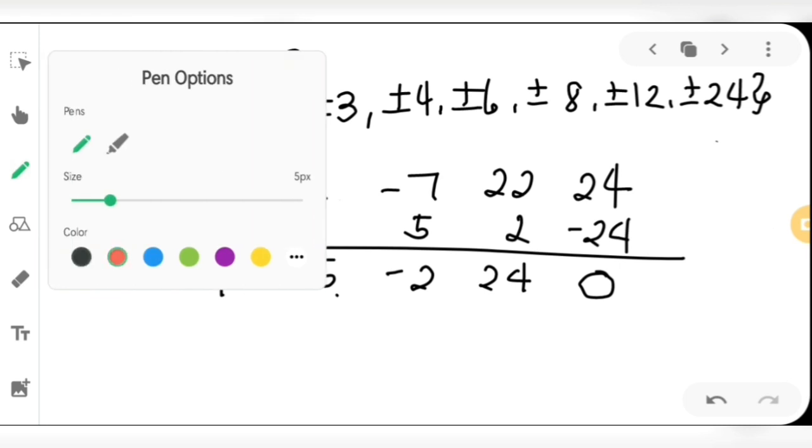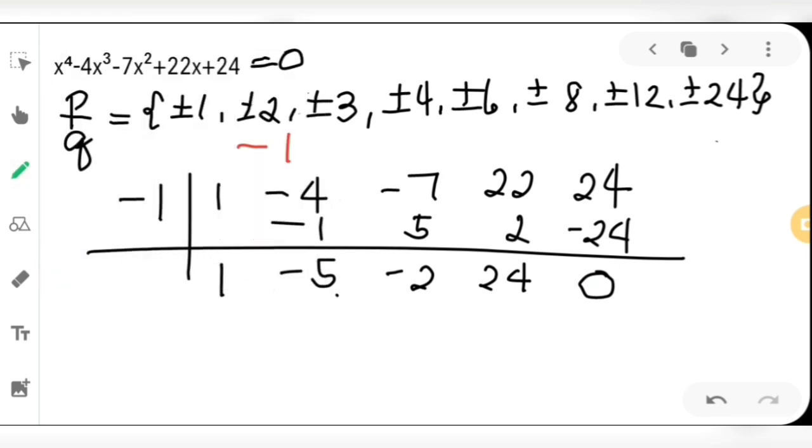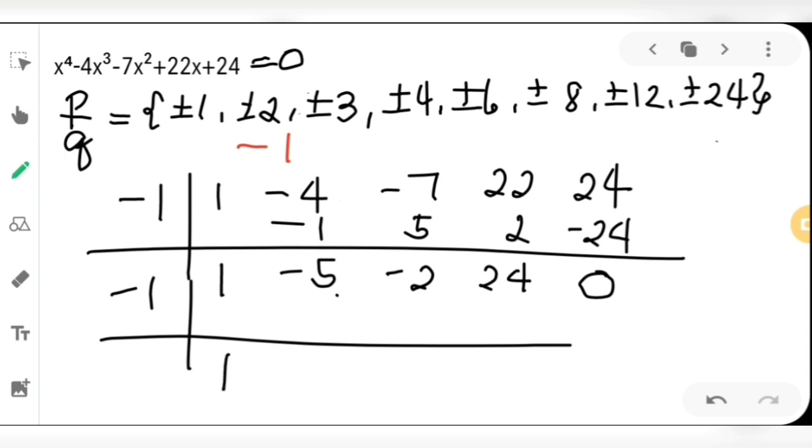Now let us try again negative 1 for multiplicity. So we have here negative 1. So bring down 1. 1 times negative 1 is negative 1. Negative 5 plus negative 1 is negative 6. Negative 6 times negative 1 is 6.